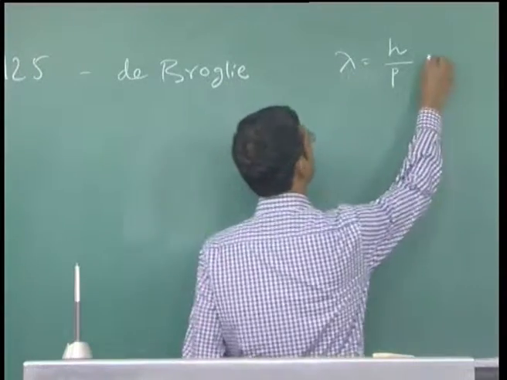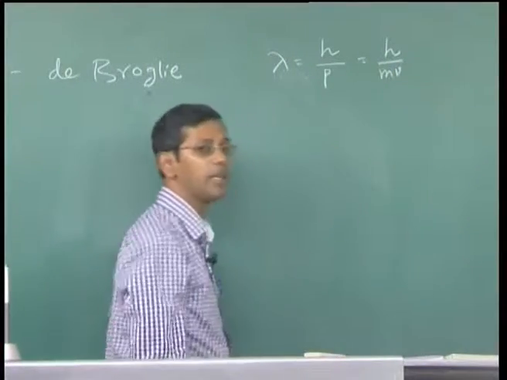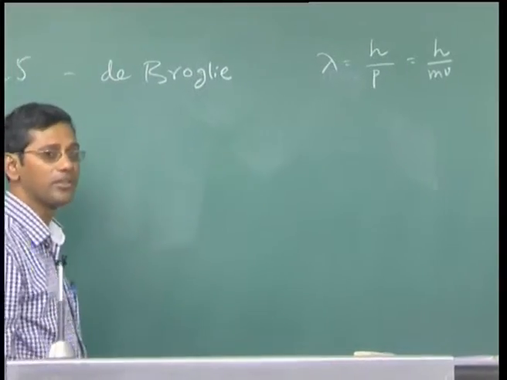Therefore, we can write this as h by m into v, where m is the mass of the electron and v is the velocity of the electron.